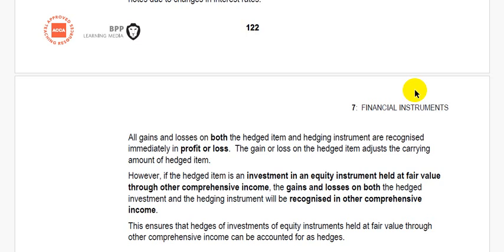So take that, remember that. So this ensures that hedges and investment of equity instrument held at fair value through OCI can be accounted for as hedges. So we get back to our question.